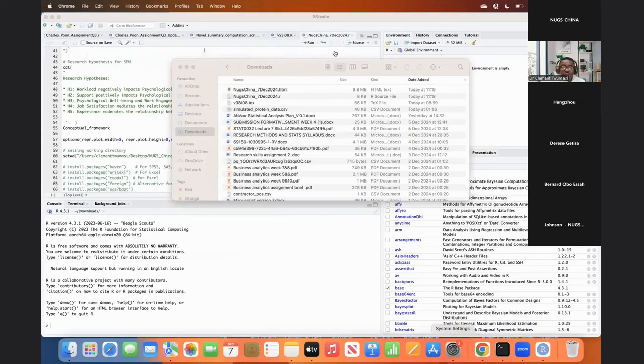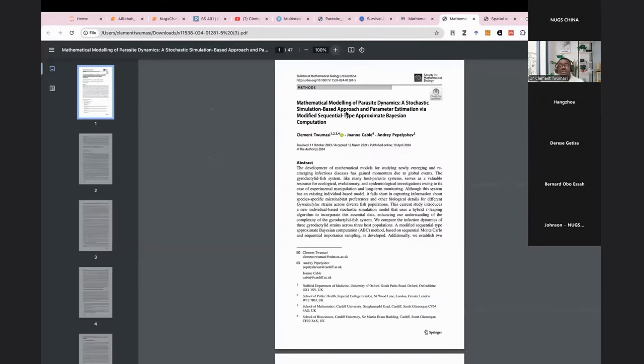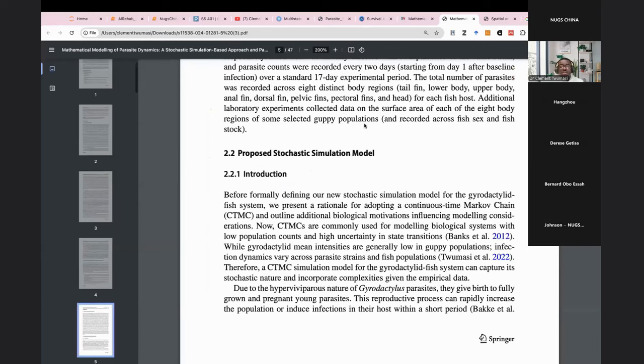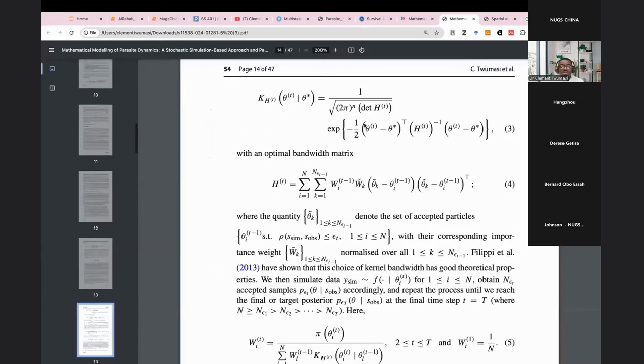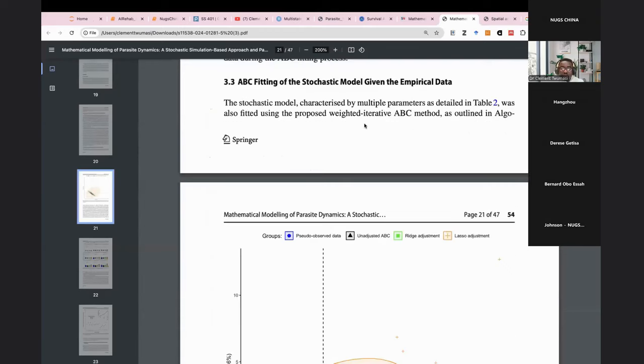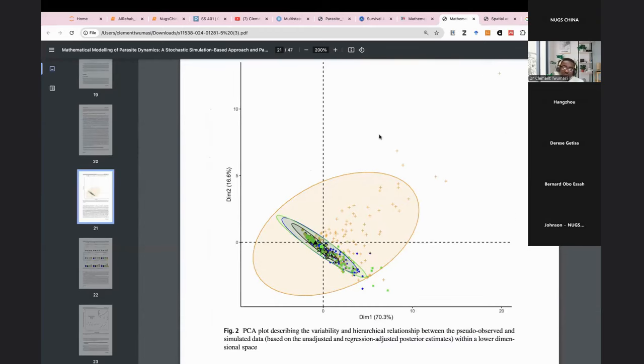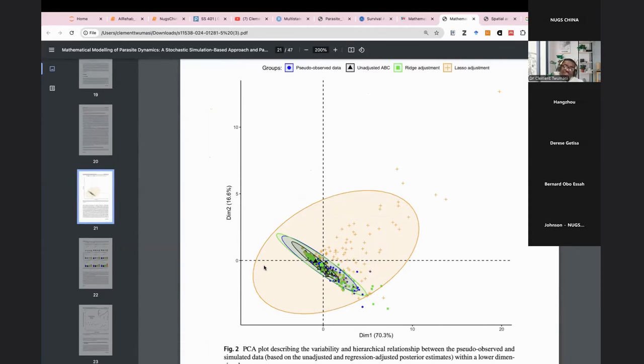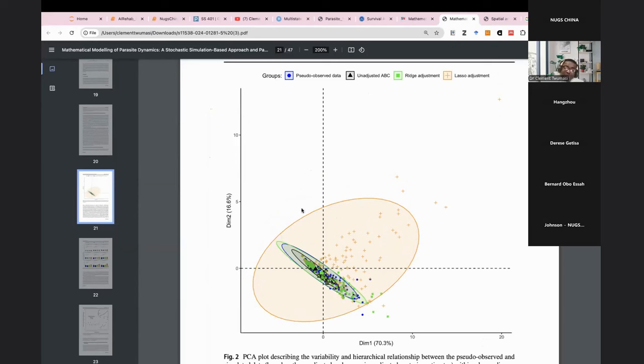This paper is very mathematically heavy, so I just want to explain. So for instance, if you look at this one, just plotting the principal component 1 and 2 helps me to identify patterns that exist between the data set in a reduced dimensional space.